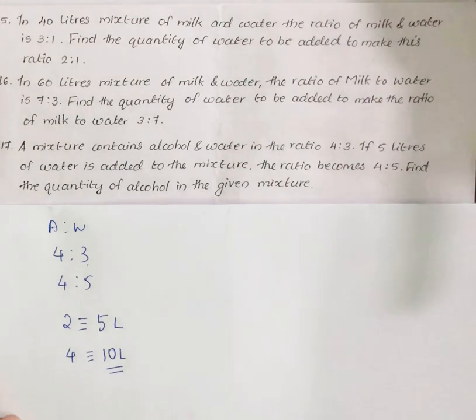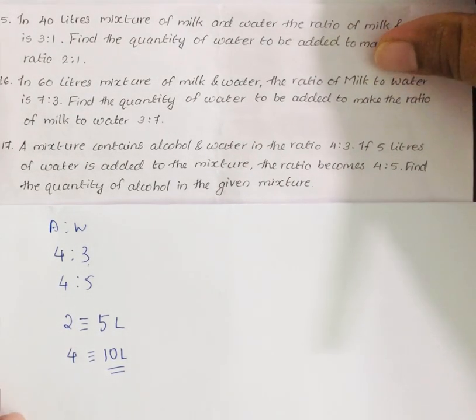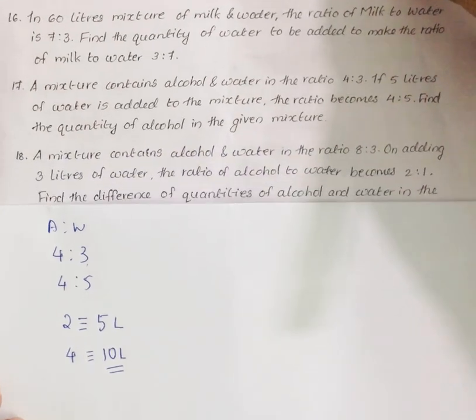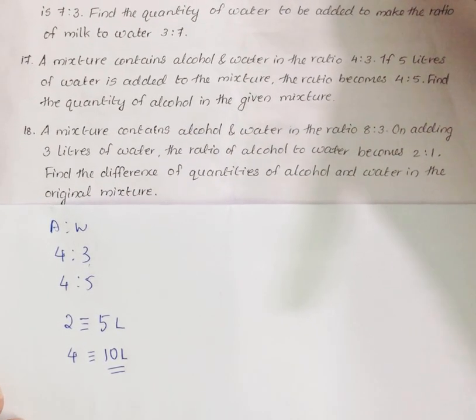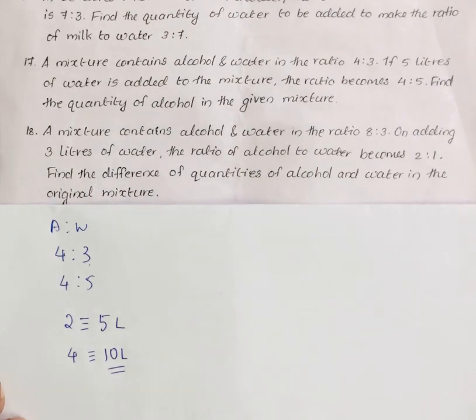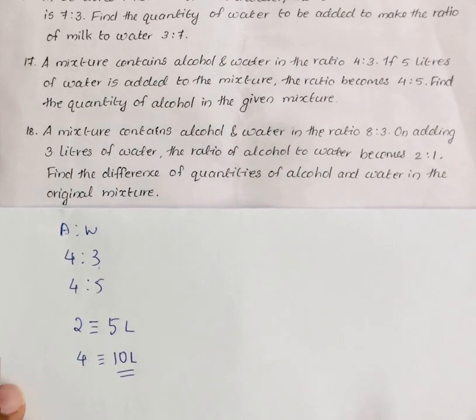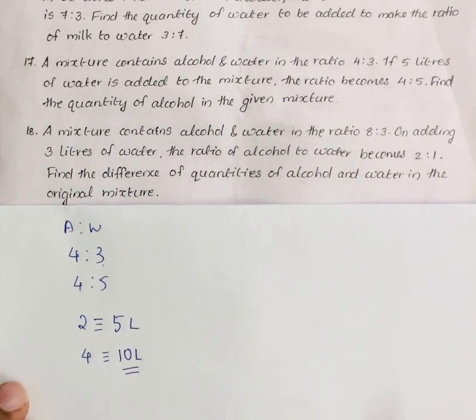Okay. So we'll see one more of the same type. A mixture contains alcohol and water in the ratio 8:3. On adding 3 liters of water, the ratio of alcohol to water becomes 2:1.